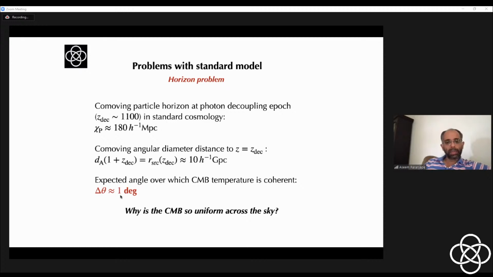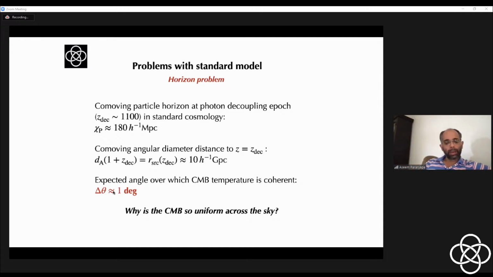It is telling us something extremely interesting, because it says that the cosmic microwave background, whose temperature we measure today, if I think of this cosmic microwave background as having originated from some causal physics in the past, and then the photons got released at the photon decoupling epoch, this particular angle gives me the size in the sky over which the temperature of the cosmic microwave background should remain coherent.